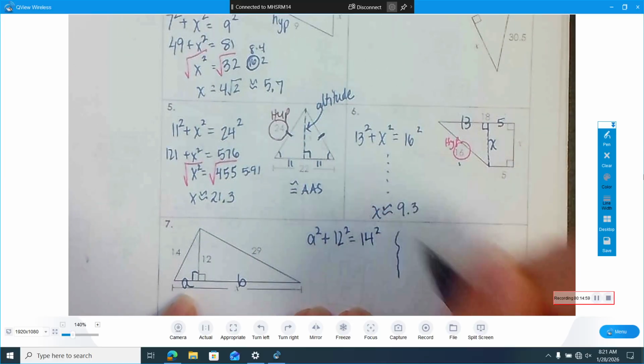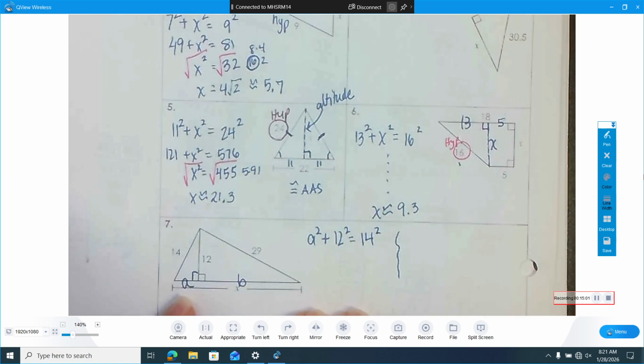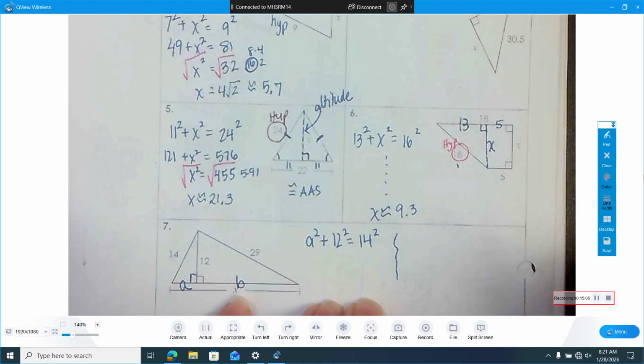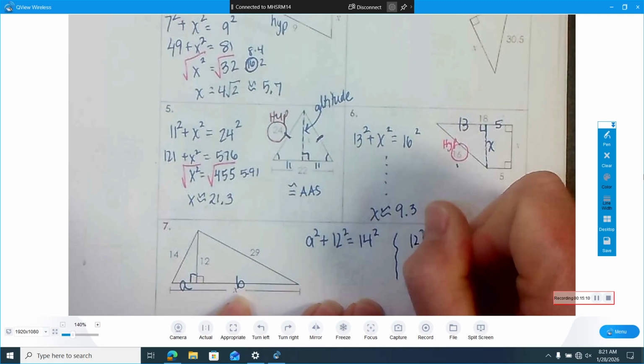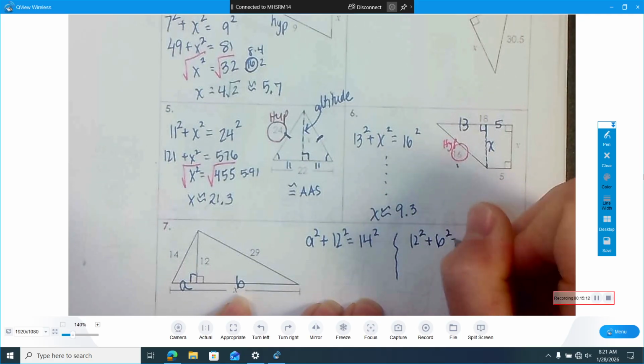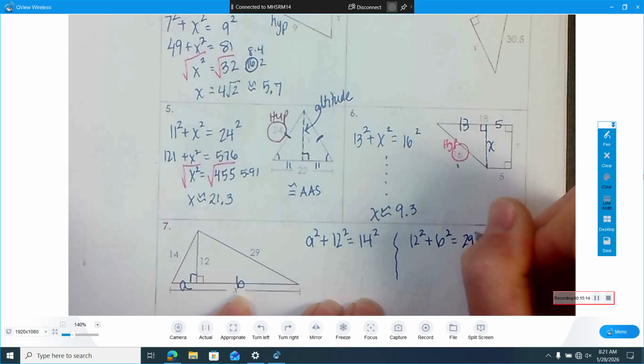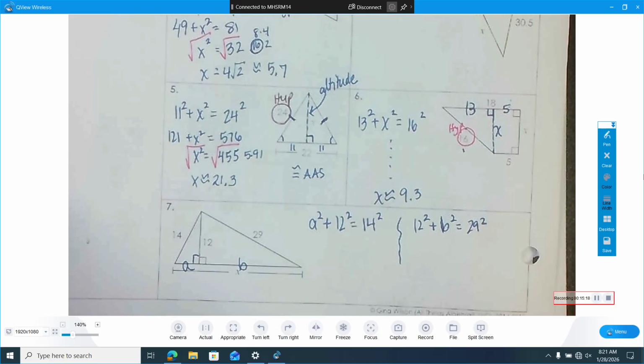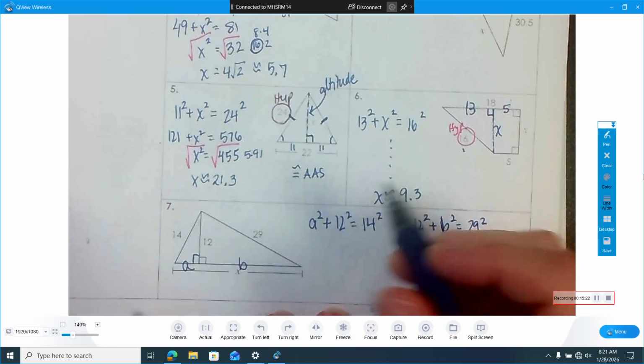A squared plus 12 squared equals 14 squared. Great. And what's my setup to figure out B? B squared plus 12 squared equals 29 squared. Great.